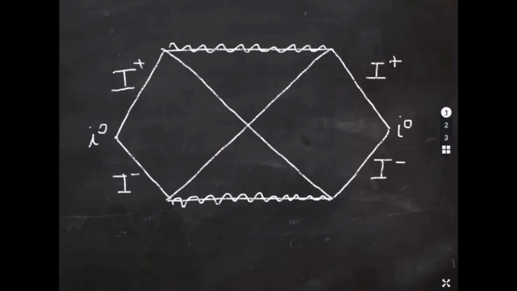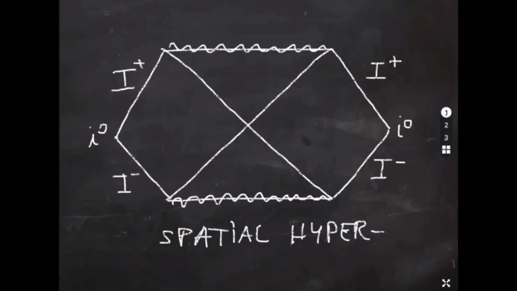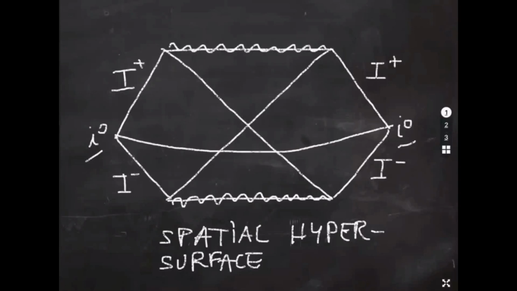I'll write it here. Spatial hypersurface. From this I0 to this I0. Okay, so this would look something like this, something similar to this.